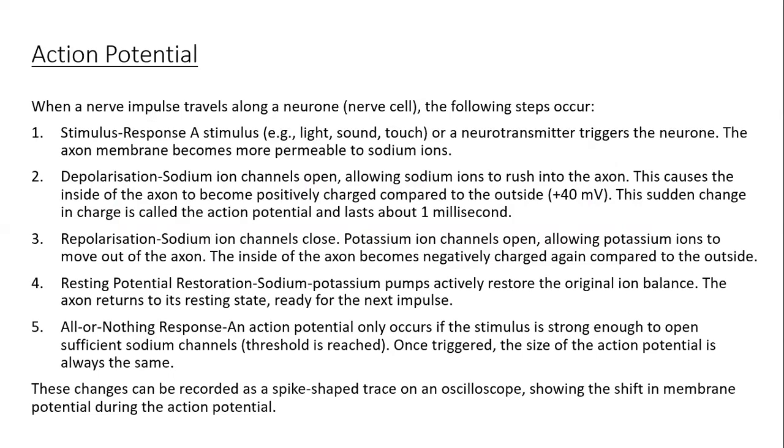Now you know that when a nerve impulse travels through a neuron, the following steps occur. First, there should be a stimulus. What is a stimulus?